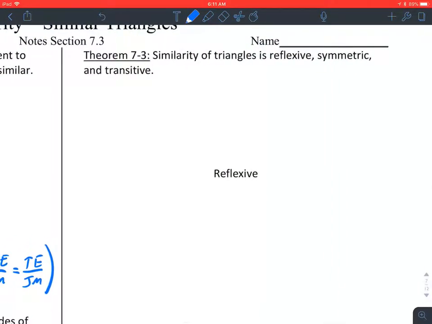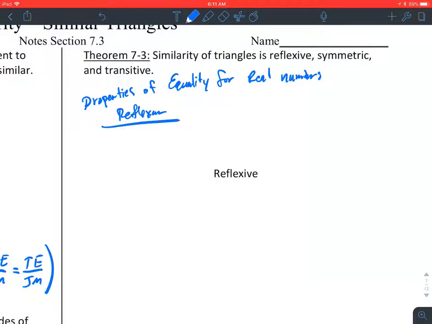Next we have this: similarity of triangles is reflexive, symmetric, and transitive. This might be the fourth occurrence of reflexive, symmetric, and transitive. With numbers, in the properties of equality for real numbers that we did before, the reflexive property was for all numbers a equals a.